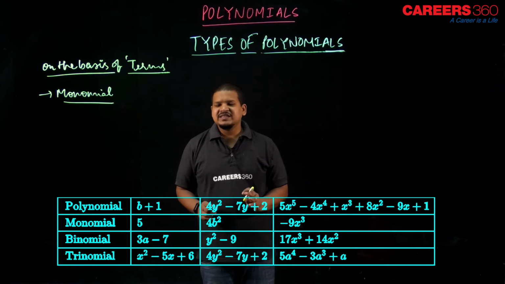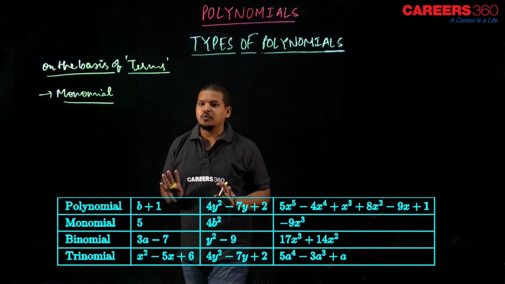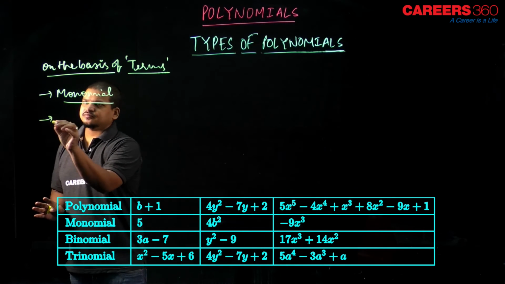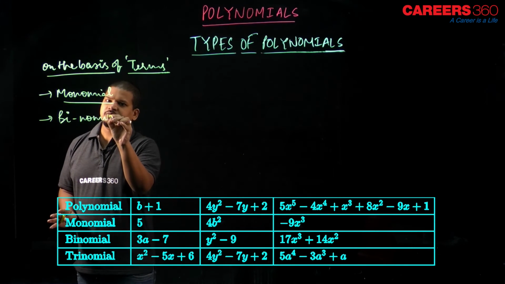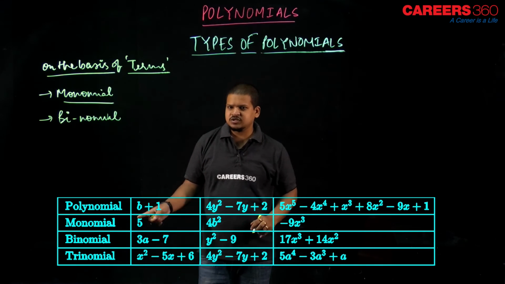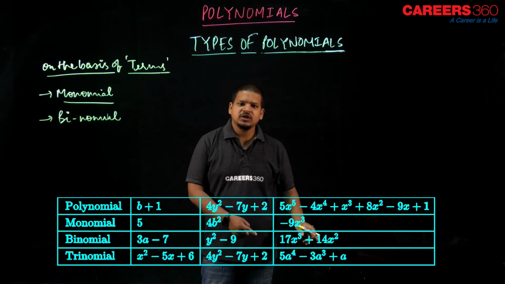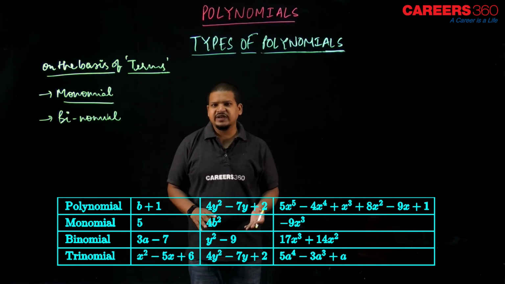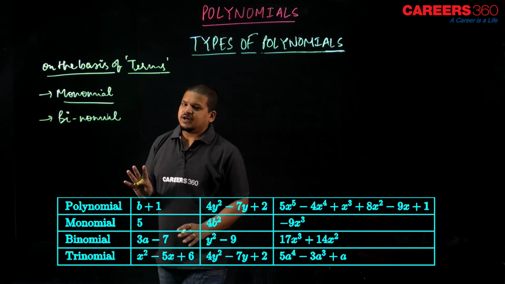These are nothing but only one term, so this will be monomial. Next, binomial. So binomial is what? Consisting of two terms. As in the third row you can see, binomial will consist of only two terms. It doesn't matter what is the variable, what is the degree. Binomial will be like that only.